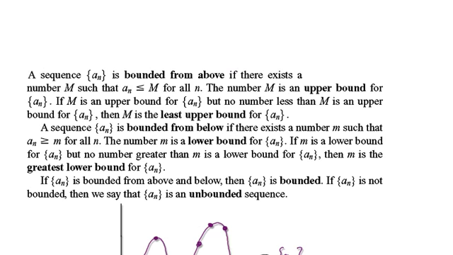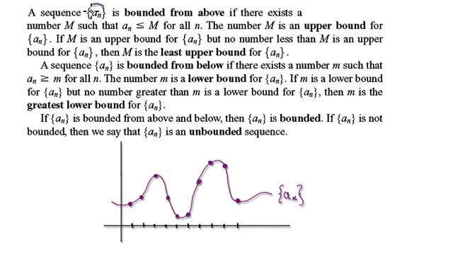Okay, definition time. So a sequence a_n, that's this sequence here. A sequence a_n is bounded from above if there exists a number M such that a_n is less than or equal to that M for all n.